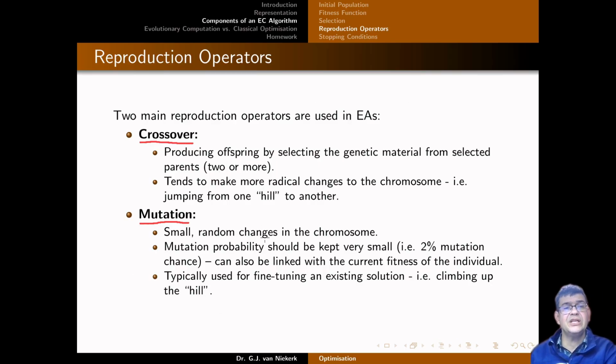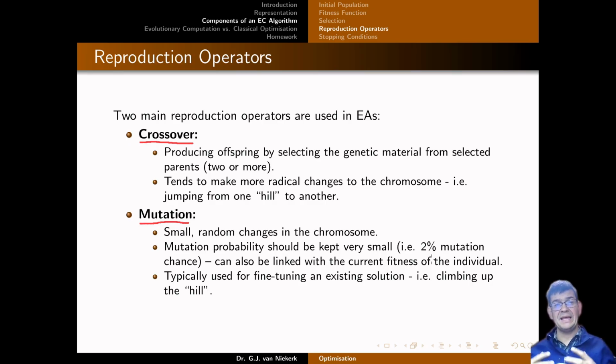And then mutation is small random changes in the chromosome, and this is typically kept very, very small, something like 2% or even lower, 1%. So there's a 1% chance that a gene can be altered, and this is usually applied after crossover. So imagine taking half of one parent, half of the other parent, you create your child, and then there's a 1% probability that you might change any of the genes inside this genome.